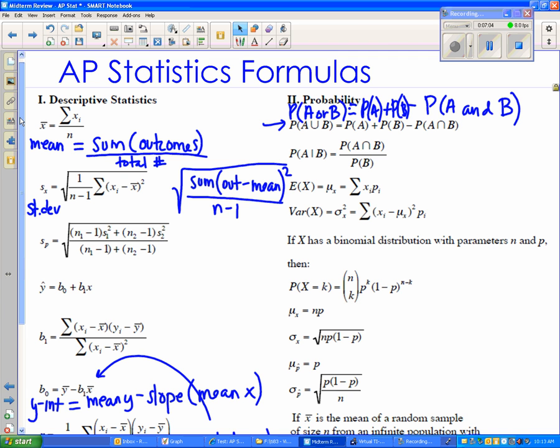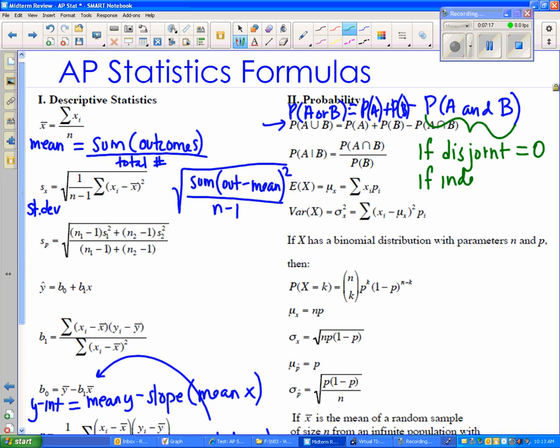And so what you'll need to remember, and this is not going to be given to you, is that this quantity, if disjoint, is equal to 0. And if they are independent, then this quantity is equal to the probability of A times the probability of B.